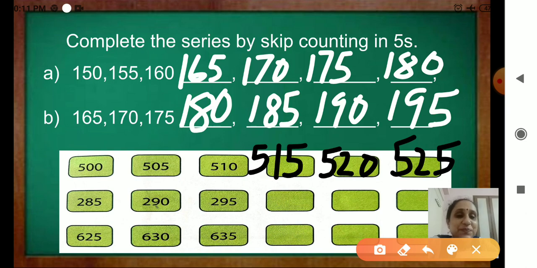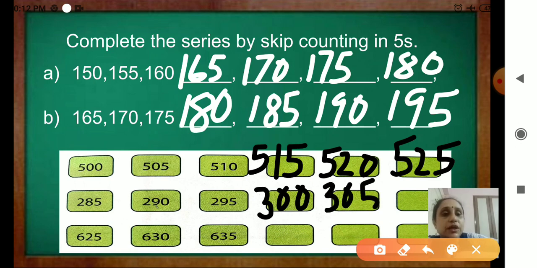Now 285, 290, 295. Now what will come? 296, 297, 298, 299, then 300. Okay, 300. After 300, do the skip count in fives. 305.